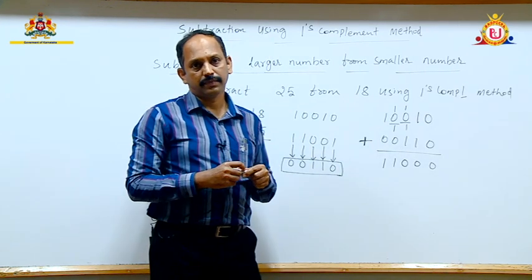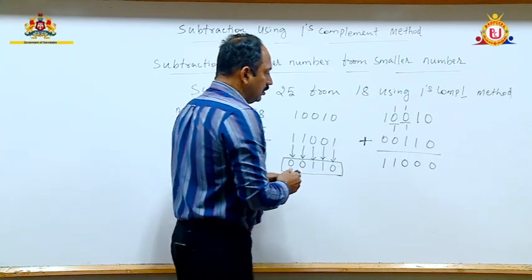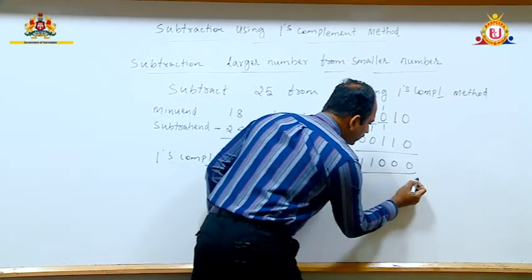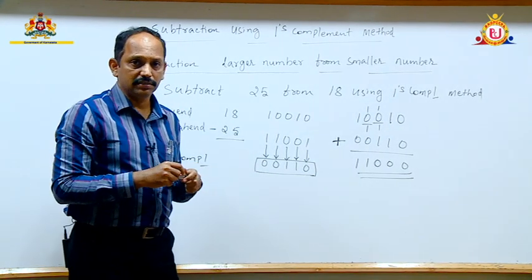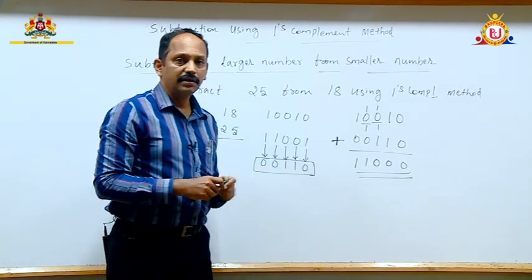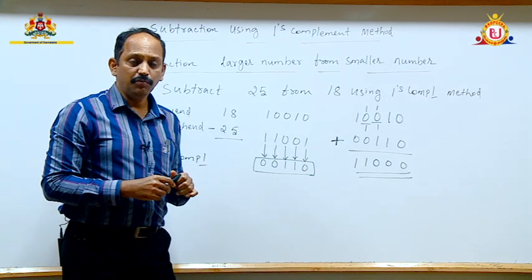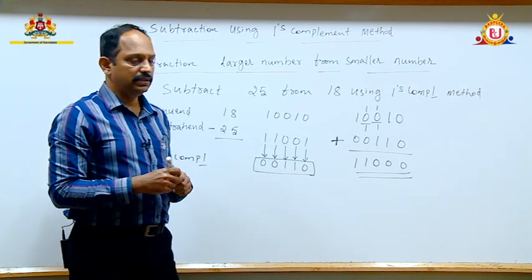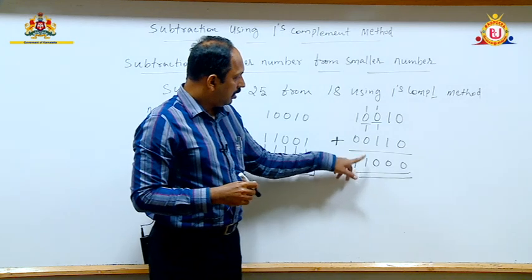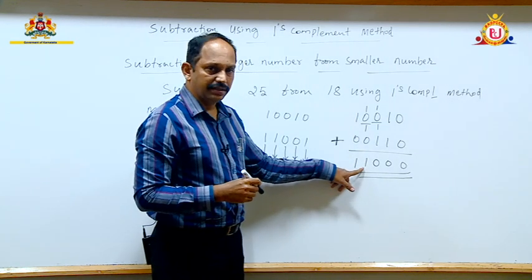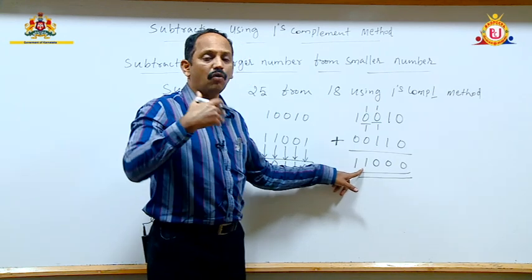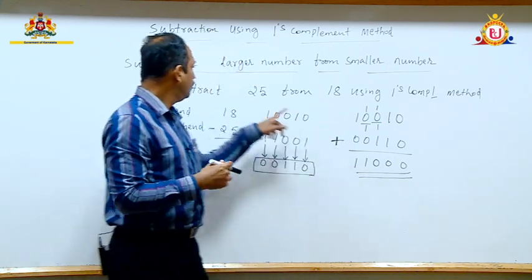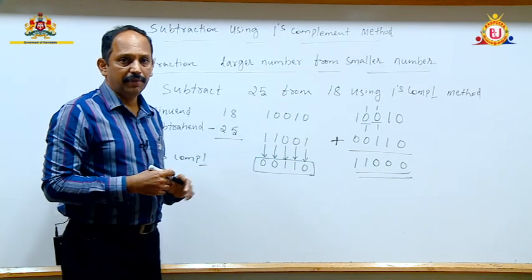Okay. Now, this result is not the complete or final result. It should be processed with one more step. What is that? After finding the addition, this result should be recomplemented again using the 1's complement method.